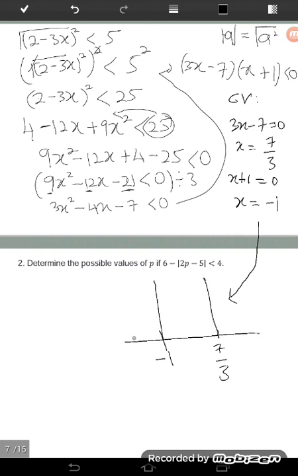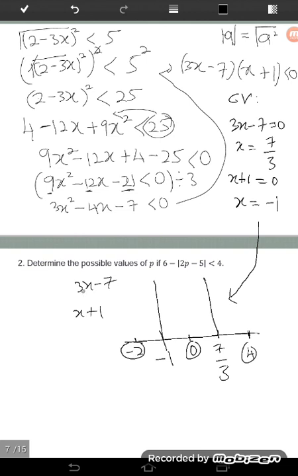Okay, so choose any value before negative 1, which is negative 2. Between this one, let's say 0. And after 7 over 3, 7 over 3 actually 2 point something, so ambil lah 4. So you have 3x minus 7 and x plus 1. Substitute each of these test value inside 3x minus 7 and x plus 1 and take the symbol.